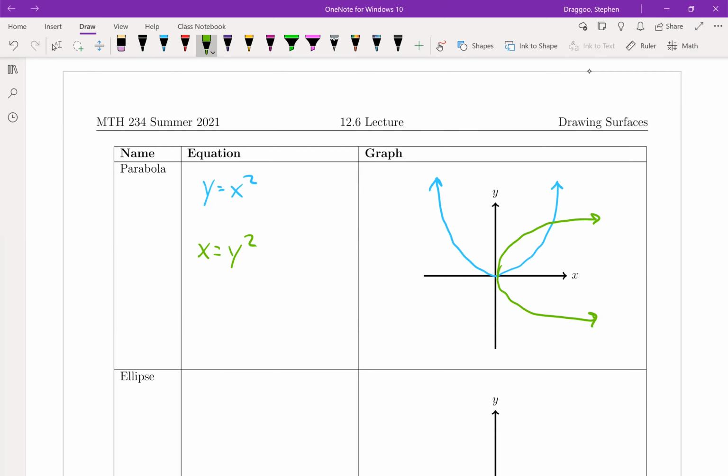And so we'll want to remember that both of those shapes are indeed parabolas once we start looking at opening these shapes along different axes. So the important characteristics of a parabola: we have one linear term and one square term.